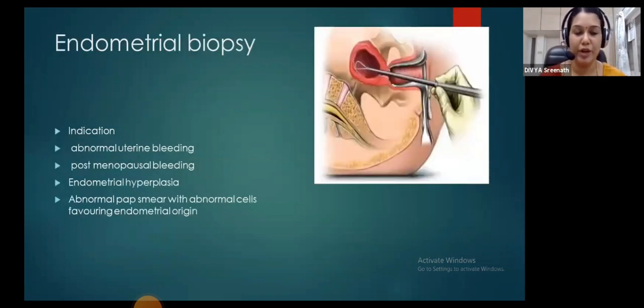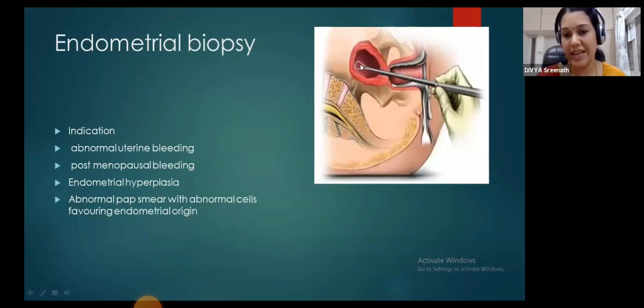So, endometrial biopsy or endometrial sampling. With the Cusco's speculum inserted, an endometrial sample is taken. A scraping is done from the anterior, posterior, and both lateral uterine surfaces.